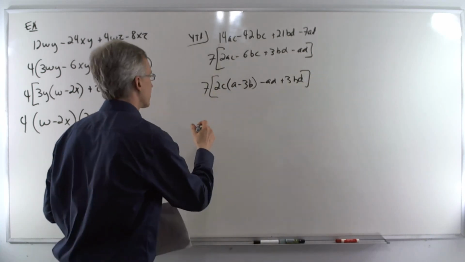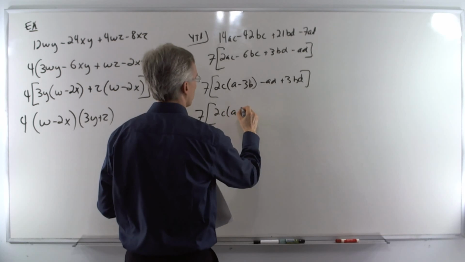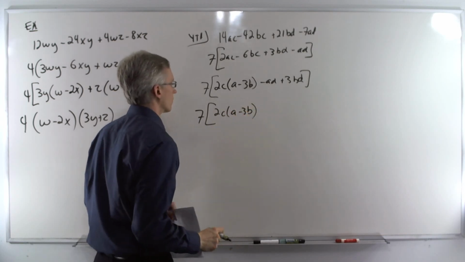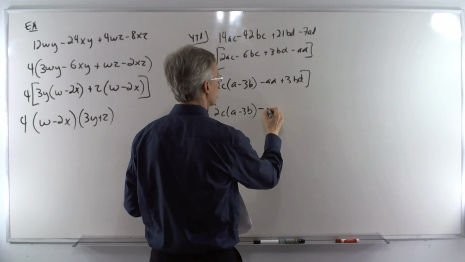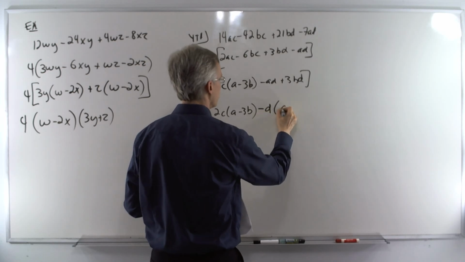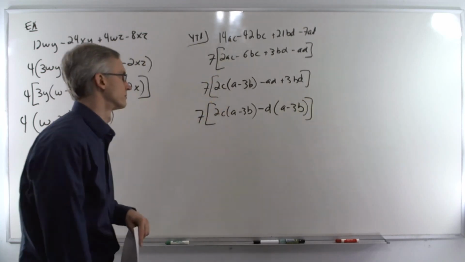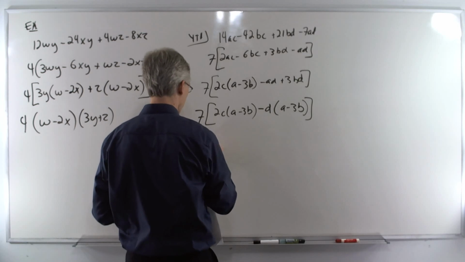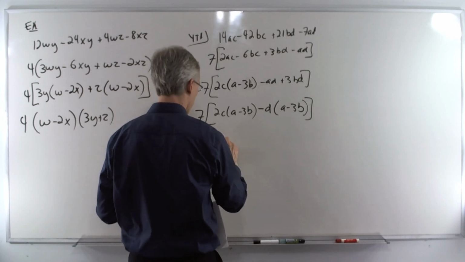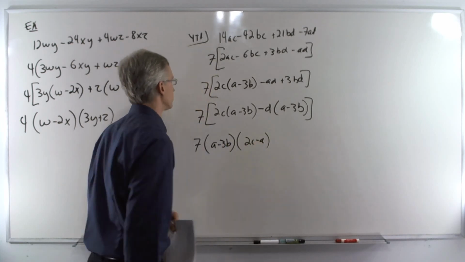Okay, now next step we'll factor there. Now I can factor out a negative d, and that gives me a minus 3b. And now they match. Now we can factor out that matching binomial, so keep the 7 on the outside, a minus 3b, 2c minus d.